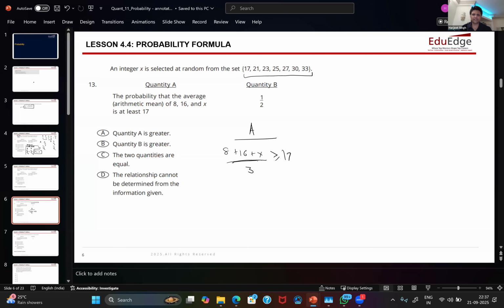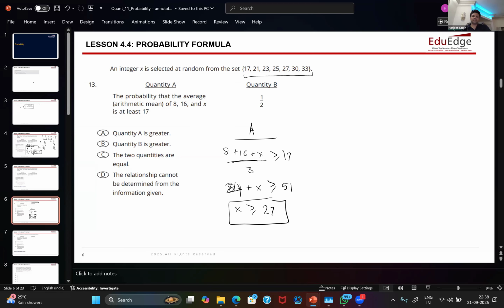I'm just writing what they have stated in an equation format. So can I write this as 24 plus x greater than or equal to 51, cross multiplying? So x greater than or equal to 27.